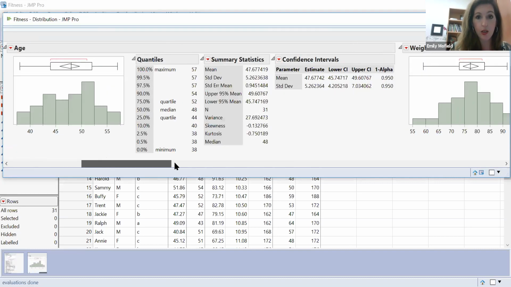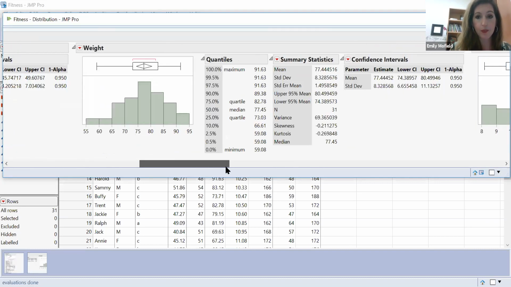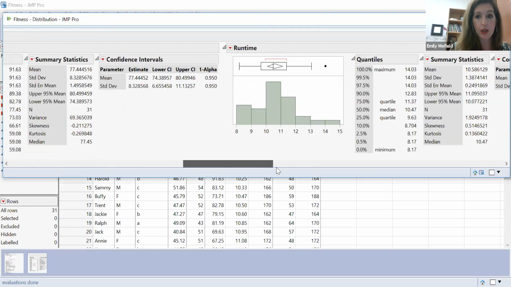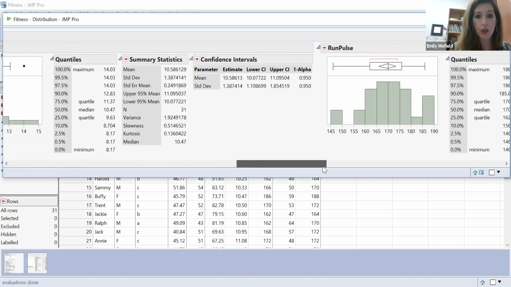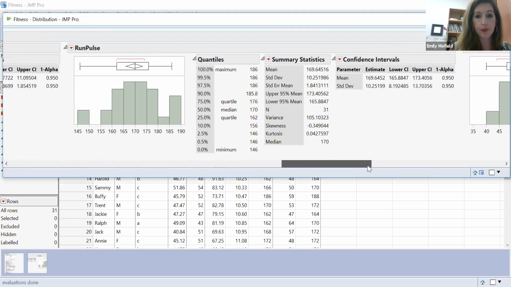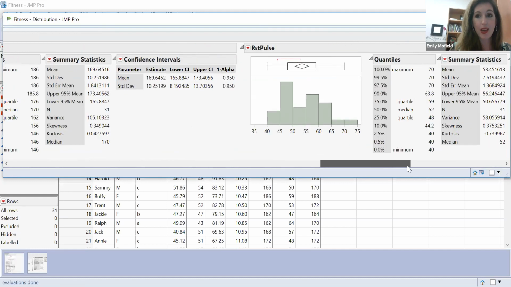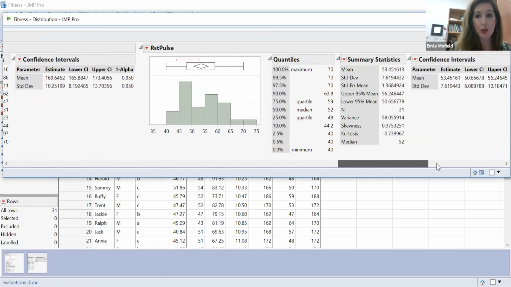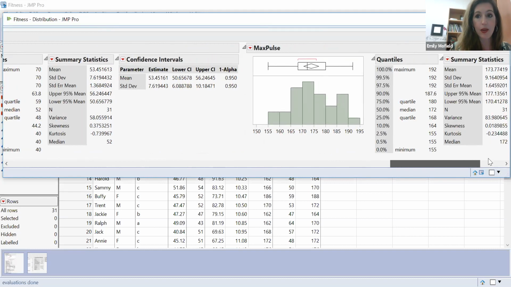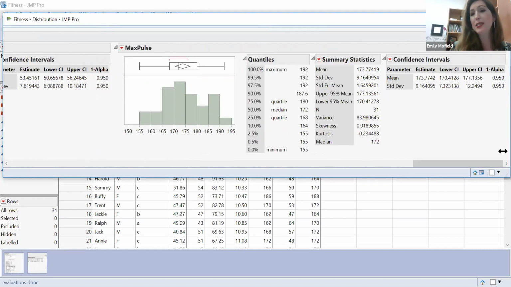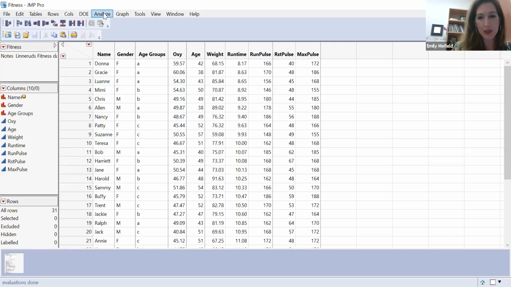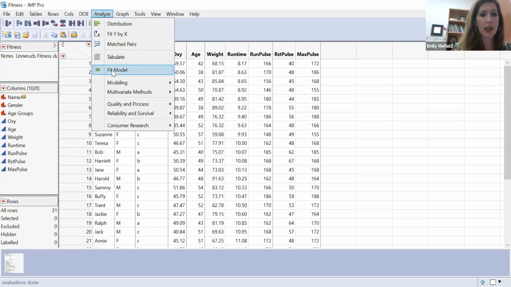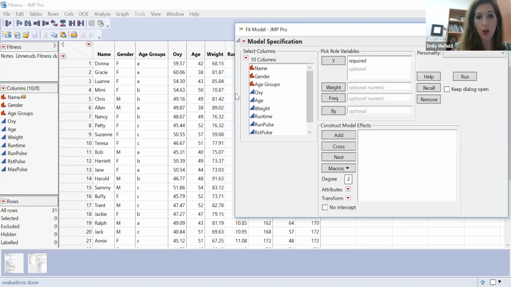We're good. Skewness is good for each of them. Praise the Lord. Now we're going to go to analyze fit model, where we are predicting oxygen.